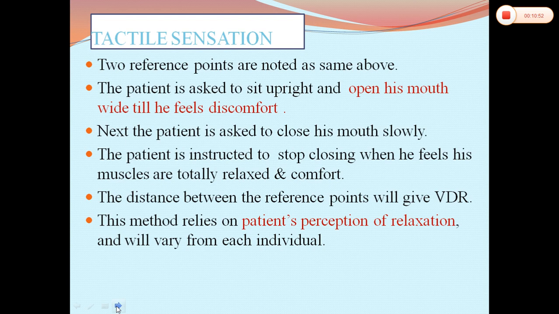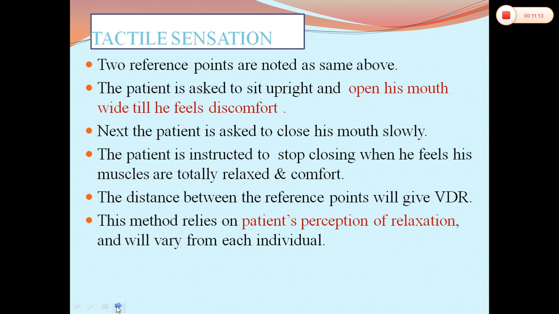The tactile sensation: two reference points are noted the same as above. The patient is asked to sit upright and open his mouth wide till he feels discomfort, meaning he has to open his mouth very widely. Next, the patient is asked to close his mouth slowly.